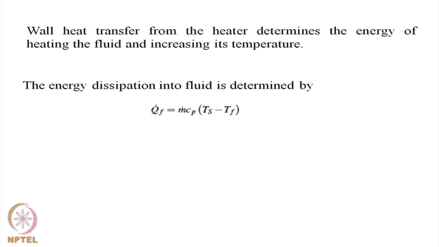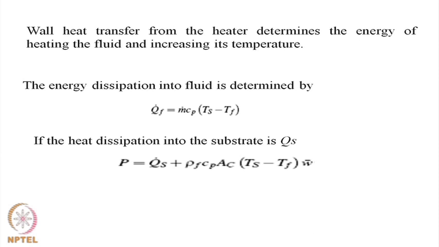So, from that one can find out the velocity of the fluid. Now, wall heat transfer from the heater evaluates the energy of heating the fluid and increasing its temperature. Now, if you look at the last equation, if the heat dissipation into the substrate is Qs, then the total power provided to the heater is a sum of Qs, the heat dissipation into the solid substrate, plus rho of the fluid, Cp of the fluid, area of the heater times T of the heater minus Tf multiplied by W, where W is the velocity.